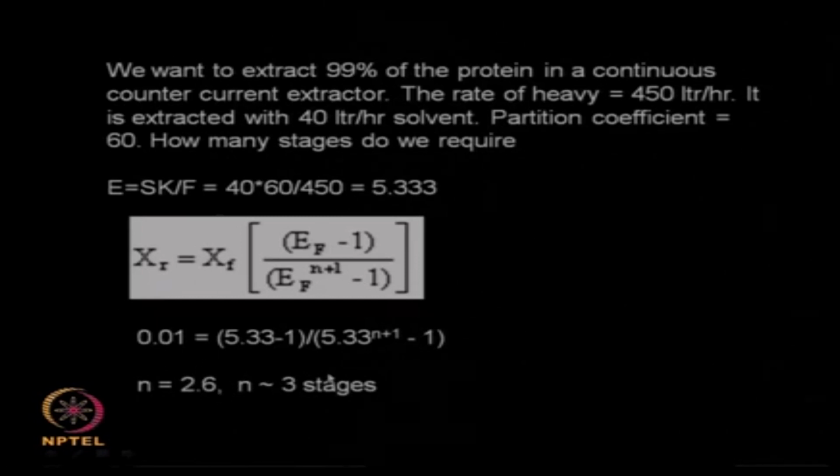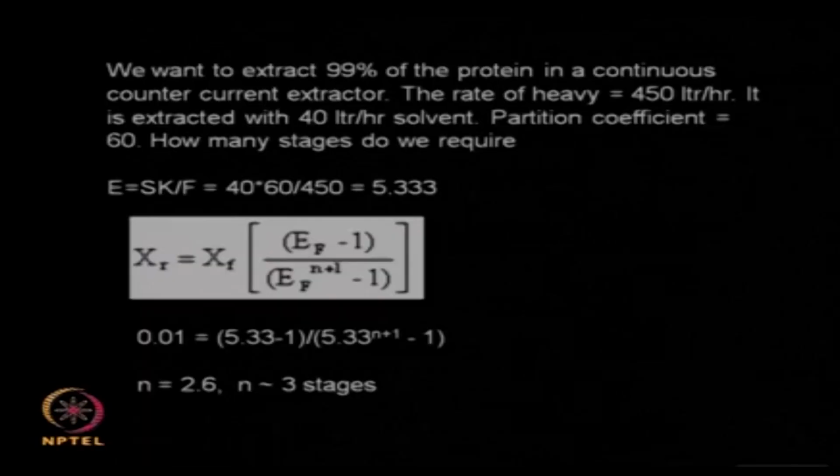That means I need 3 stages, I need 3 countercurrent stages to perform this extraction. That means if I want to extract 99% of my solute, with a solvent flow rate of 40 liters per hour and a heavy flow rate of 450 liters per hour, I need at least 3 stages.